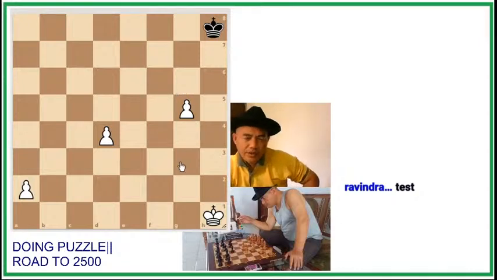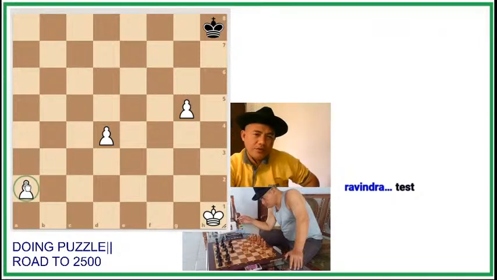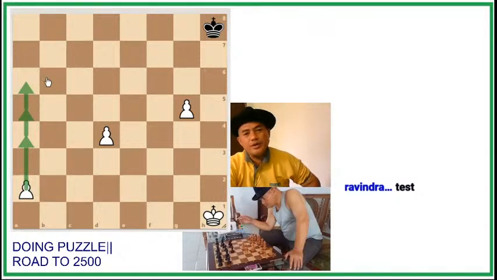When the pawn goes farther and farther, then the key square will change. On the fifth rank, the key square is, sorry, not the h file. For example, this.